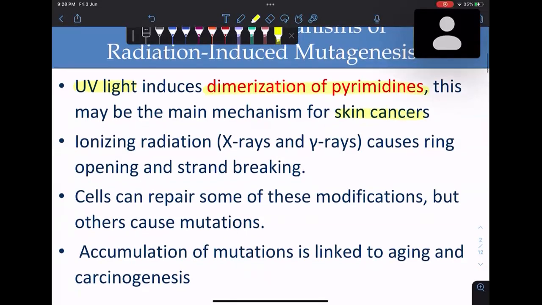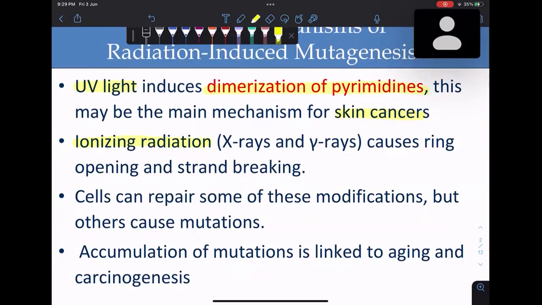Another way in which the nucleotides can be damaged is through radiation. That's the reason why they say pregnant women or younger children should not have X-rays, and you should not do an X-ray for every single patient all the time.